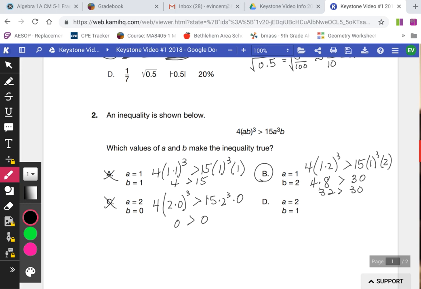So it looks like B right now is our answer, but let's just double check that with D. So we have 4 times 2 times 1 cubed, which still gives us 32, is greater than 15 times 2 to the third power times 1, which is 15 times 8, and that's definitely bigger than 32. So B is the correct answer with that one. How'd you do? Hopefully you understood that one. Let's move on to the next question.